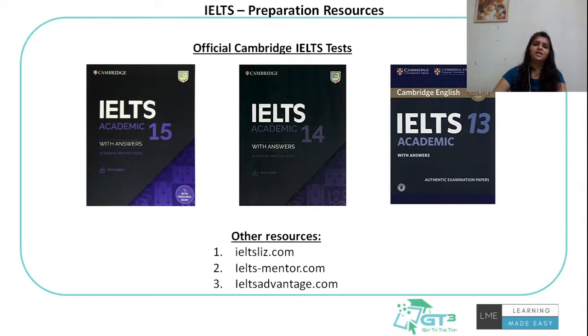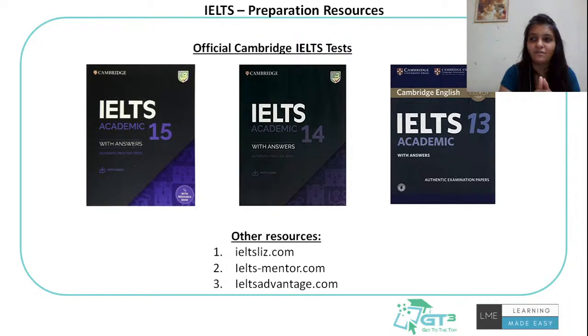Apart from that, these books have a standard format, and from my experience, sometimes they have easy questions and answers, and sometimes the test is a bit harder than this. So we always have sufficient materials, sufficient mock tests that test your levels.